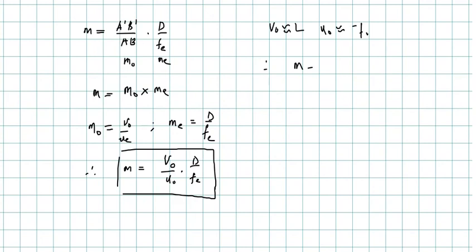So then M would be equal to minus VO by UO into D by f of e, which will be L by f of o into D by f of e. So this is another expression for the compound microscope in far point adjustment, in terms of the length of the tube, focal length of the objective and focal length of the eyepiece, and the distance of distinct vision. Here D is constant. Clear? Thank you.